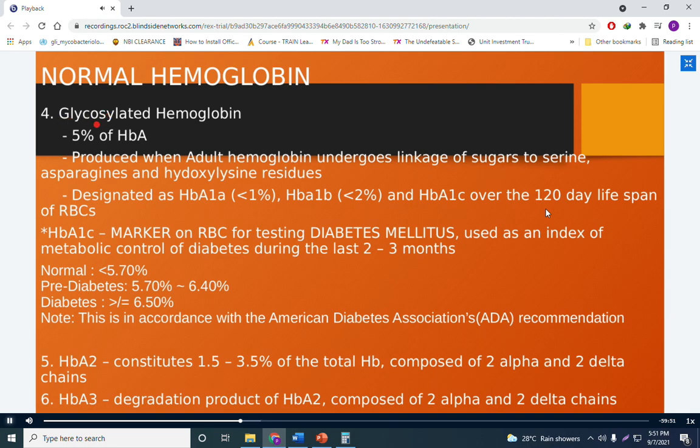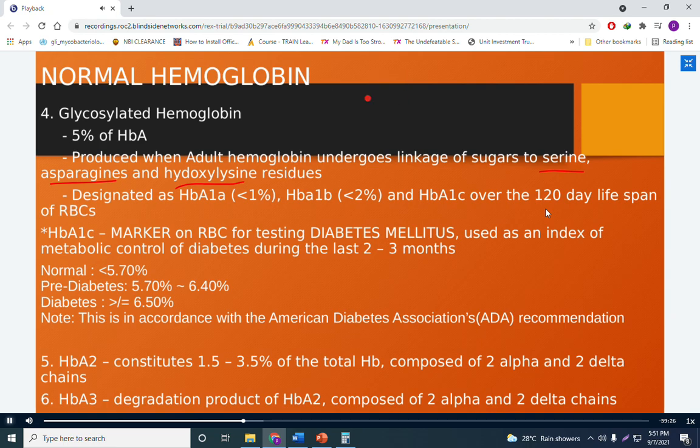First is your glycosylated hemoglobin. It is 5% of your adult hemoglobin. It is produced when adult hemoglobin undergoes linkage to sugars to your amino acids serine, asparagine, and hydroxylysine residues.